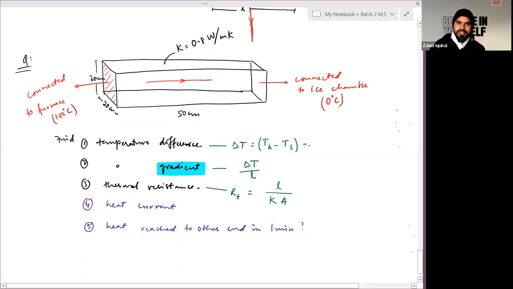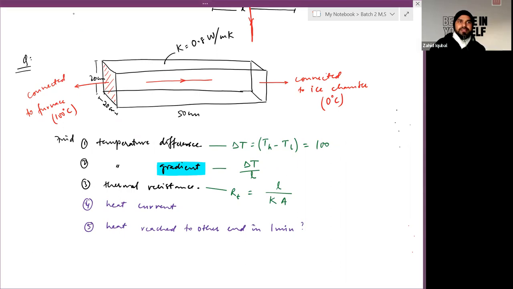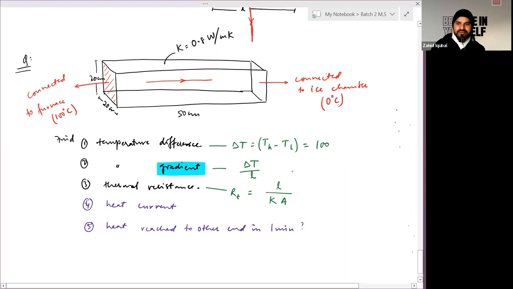Let me solve. First is temperature difference, higher temperature minus lower temperature, so it should be 100. Second is temperature gradient, temperature divided by length. Length is 50 centimeter, which you may write in meters as 0.5. So it will become 200 degrees Celsius per meter.